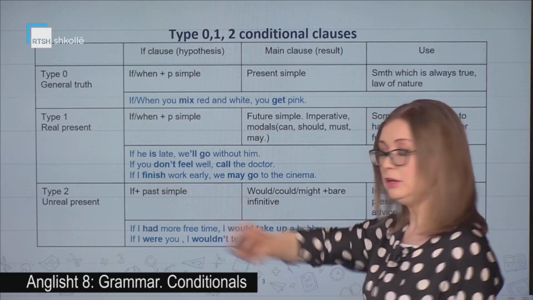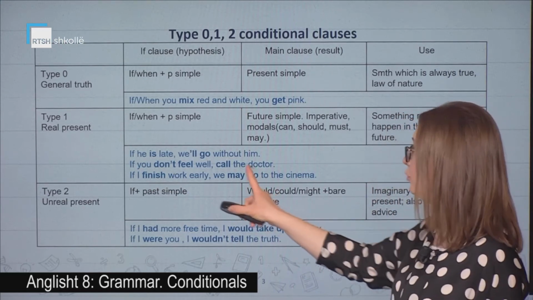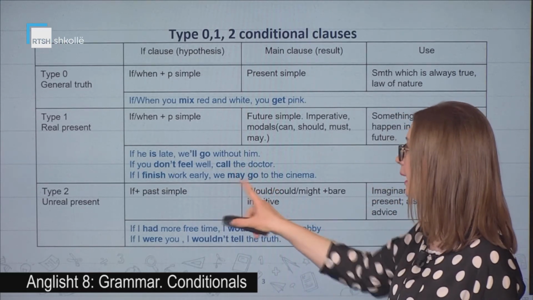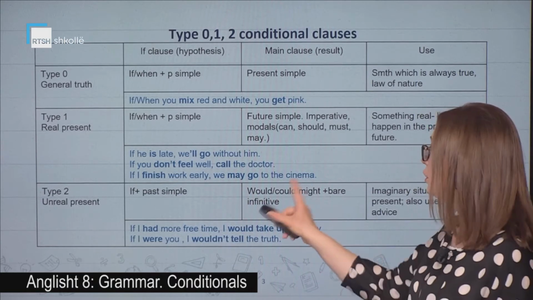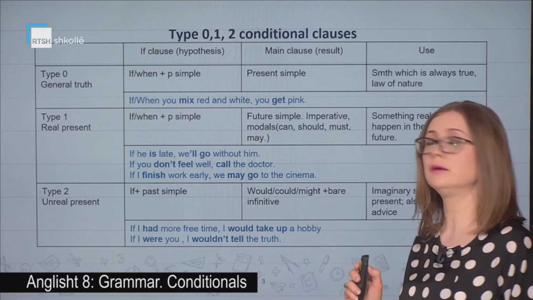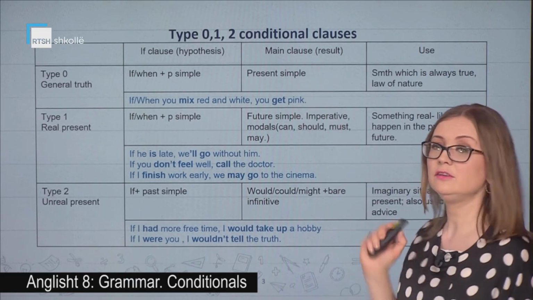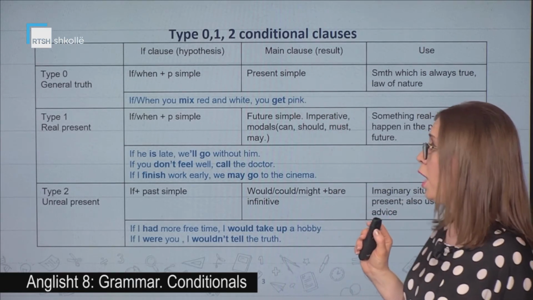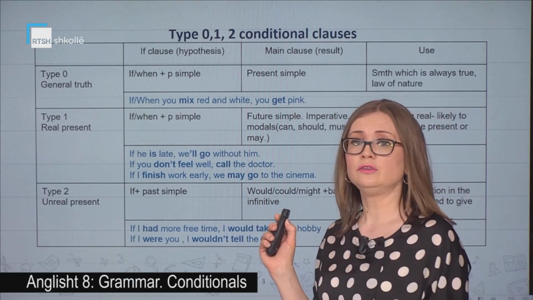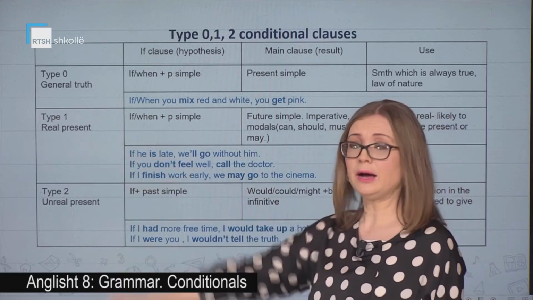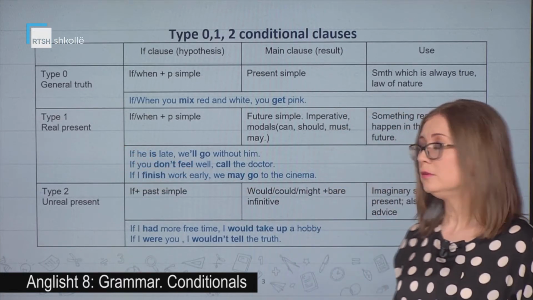We have finish, present simple, and we have the modal may plus verb go to the cinema. That is the next part of the sentence related to the main clause. So what is type 1 conditional clause? It talks about the real present.